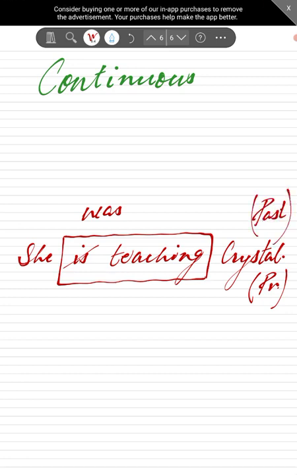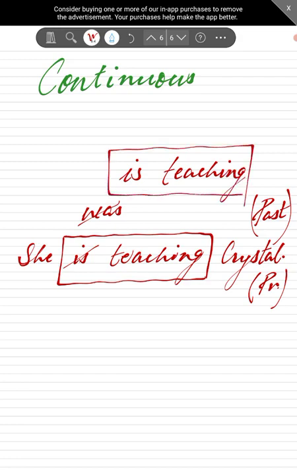Just hold your breath and you will learn something better. Okay, just cut it again and write is teaching. Means we have to copy the same thing that is written in the box. But as we know that we cannot use is, am or are in the future time.